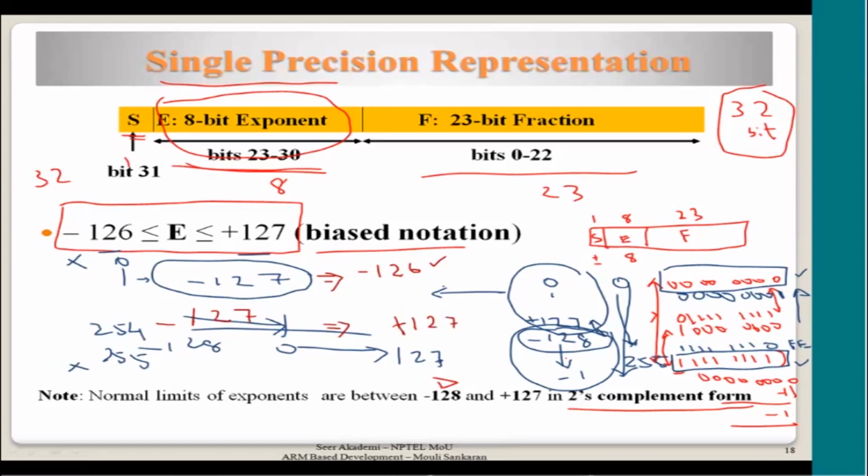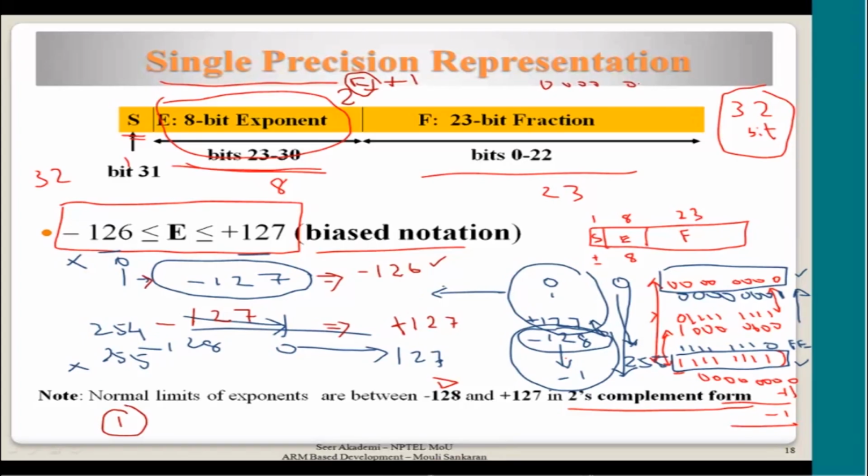Now suppose I represent any number in the exponent notation by adding this bias. Very simple: if I want to write 2 power 1, the exponent is 1. I won't write it as 00000001, where I have 8 bits here.